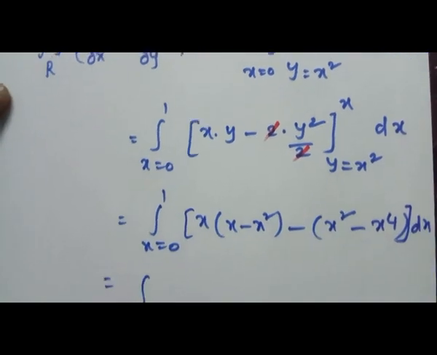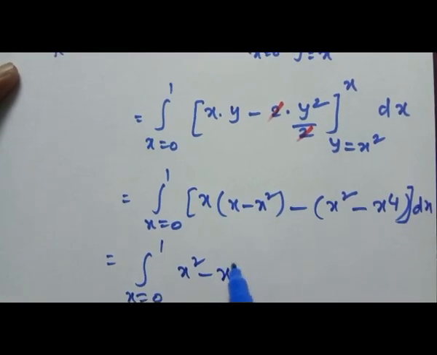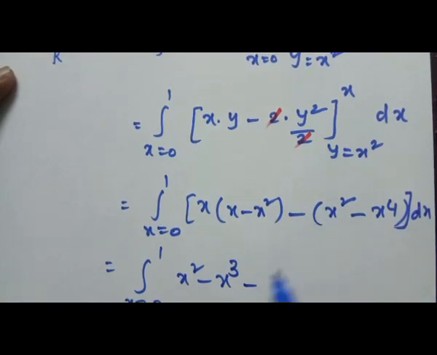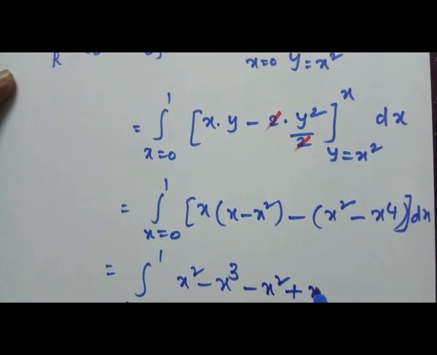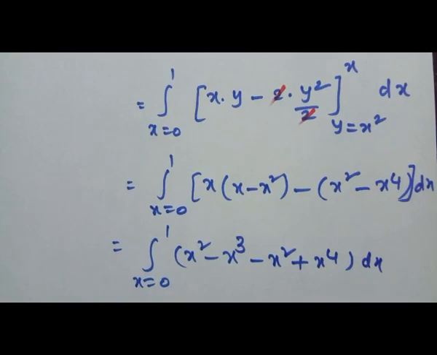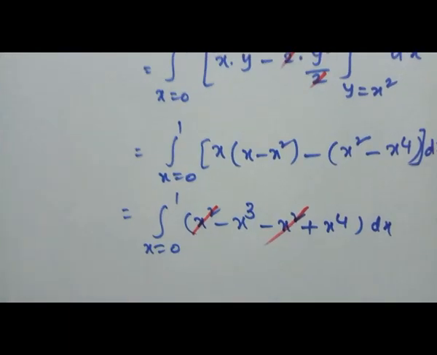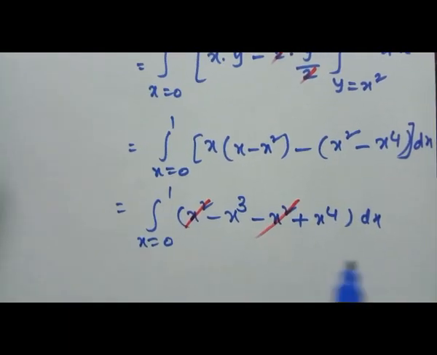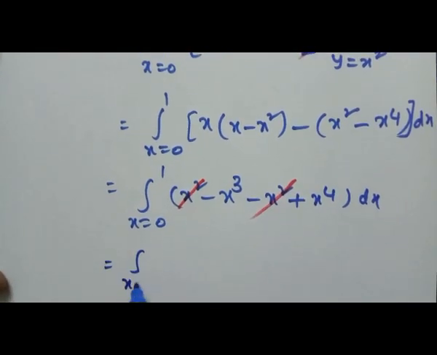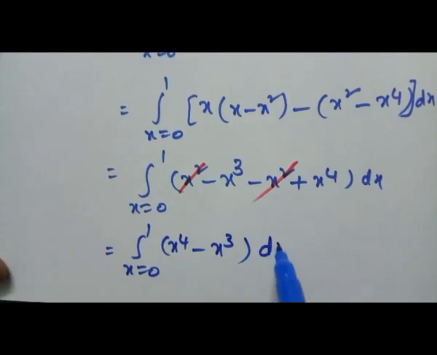Therefore, x square minus x cube minus x square plus x power 4, dx. Now here x square gets cancelled. The remaining terms are x power 4 minus x cube, so the integral from 0 to 1 of (x power 4 minus x cube) dx.